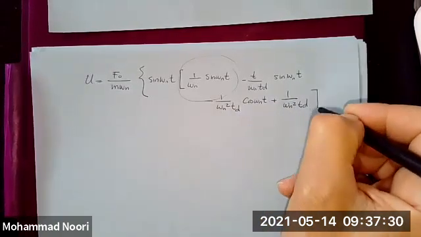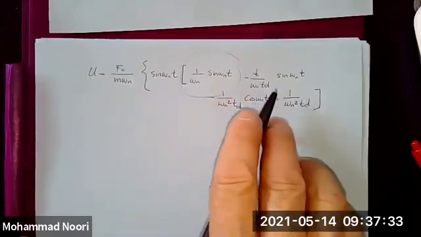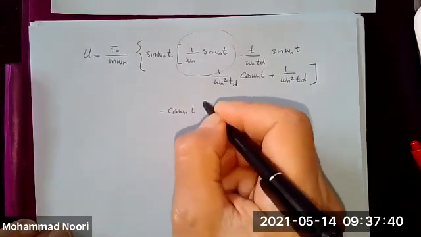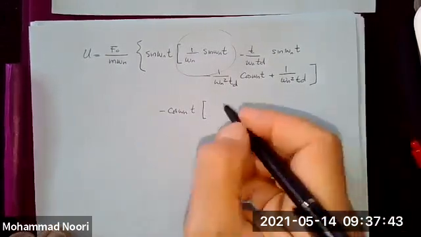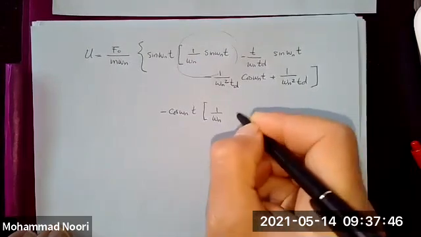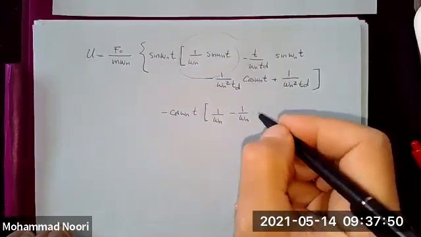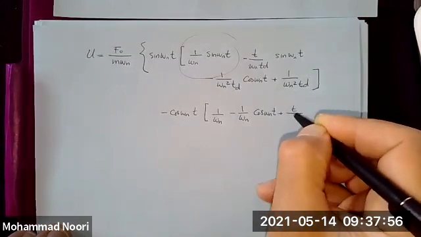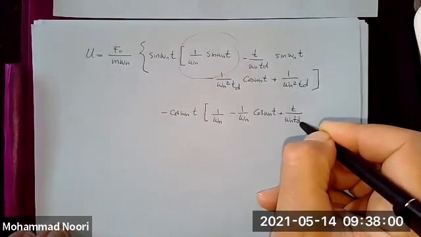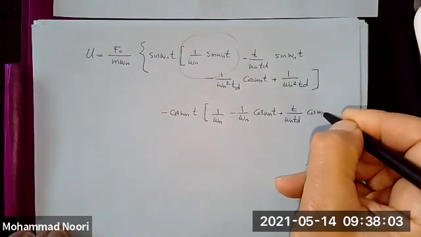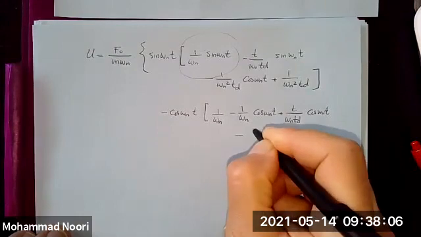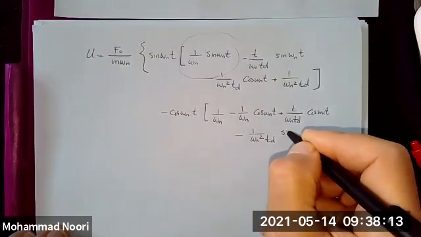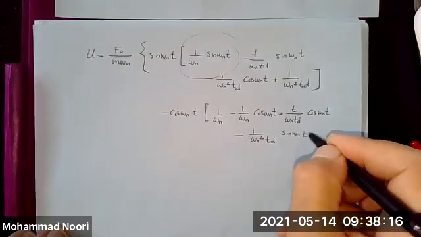So that's sine times A plus C minus cosine omega n t times the sum of B and D, which is 1 over omega n minus 1 over omega n cosine omega n t plus t over omega n t d cosine omega n t minus 1 over omega n squared t d sine omega n t.